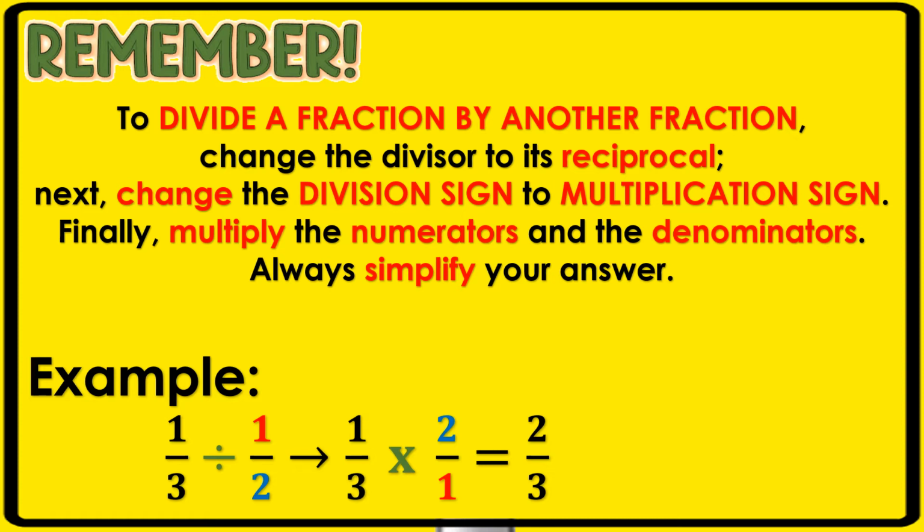Example: 1/3 divided by 1/2. 1/2 becomes 2/1, and the division sign becomes a multiplication sign. Now we have 1/3 times 2/1, and the answer is 2/3.